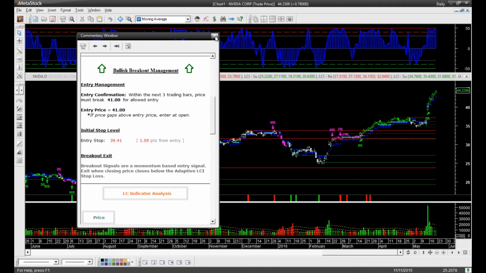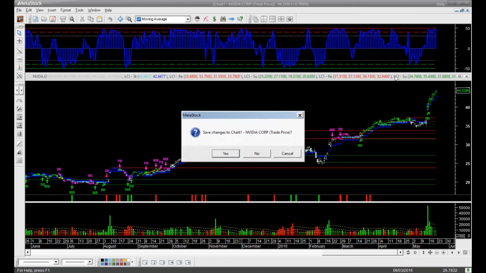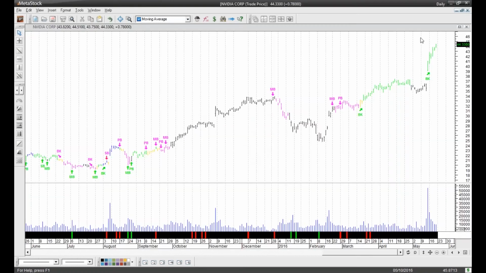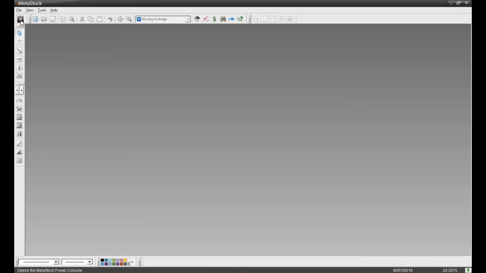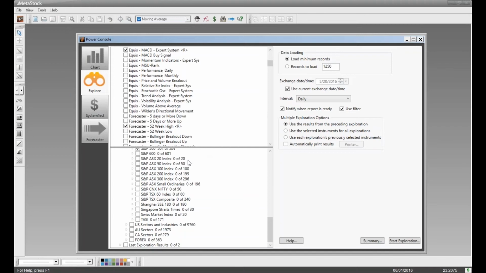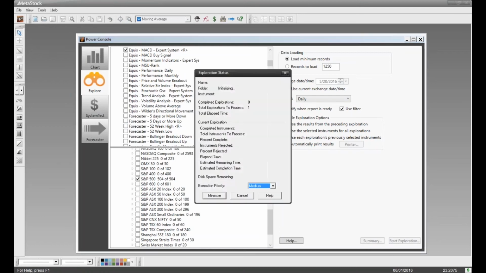Now, when you're in a situation where you have more than 2 results on an exploration, we want to be a little bit more careful. Let's take the 52-week high off of it and start the exploration. If we have 20 or 30 instruments, in all honesty, I don't want to go through 20 to 30 charts to look for my trading signals, my identifiers.